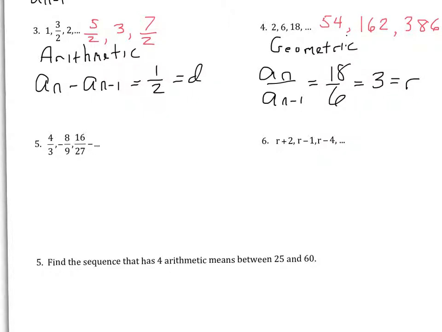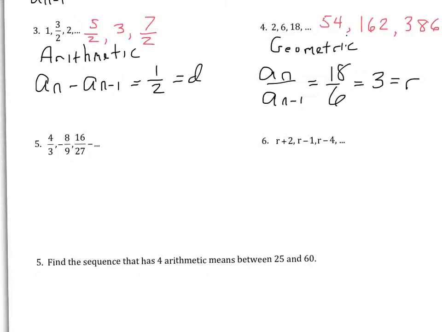All right, number 5 with these fractions. If you look and see how it goes from positive to negative to positive to negative, that's a telltale sign that this does not have a chance to be arithmetic because it's not going to be going up or down the same amount.